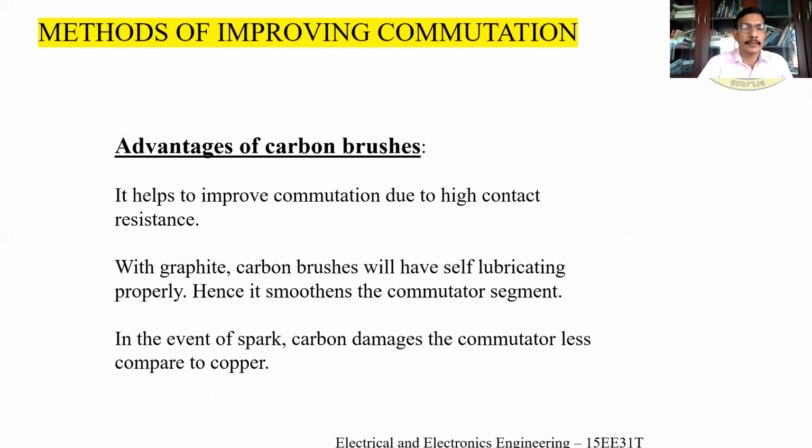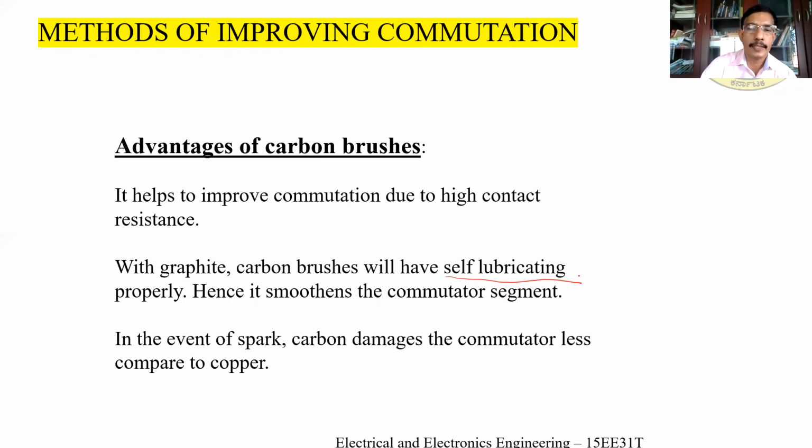Another advantage: graphite carbon brushes have self-lubricating property. Hence, it smoothens the commutator segment. Separate lubrication is not necessary if you use graphite or carbon brushes.